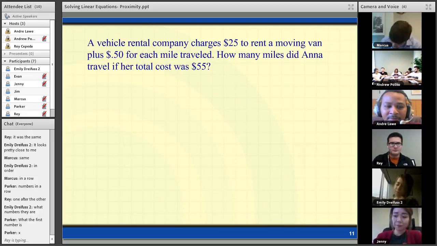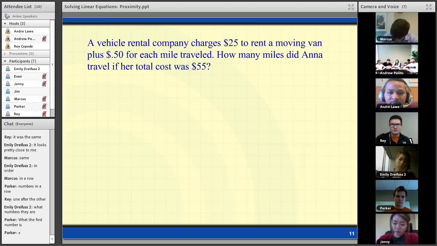Okay. I want you guys to think about this problem and then think about how you would set this up in a linear equation and then how you would solve this in a linear equation.